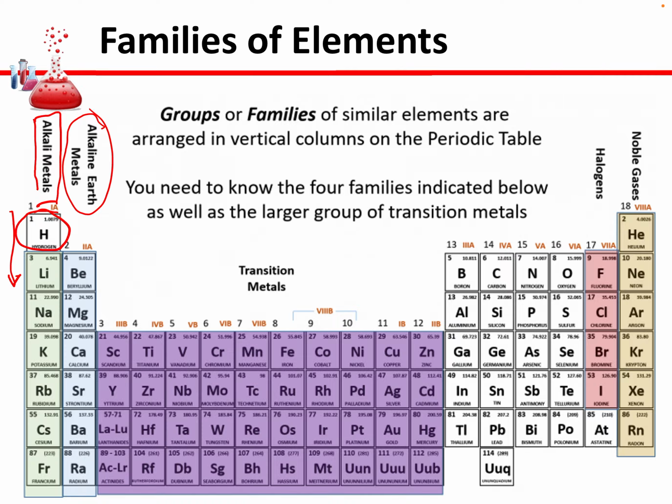And then as you keep going down, you've got the f orbitals, and they will fill up with the lanthanides and actinides, but they're very big, so we don't go there. The lanthanides and the actinides are not shown in the periodic table.